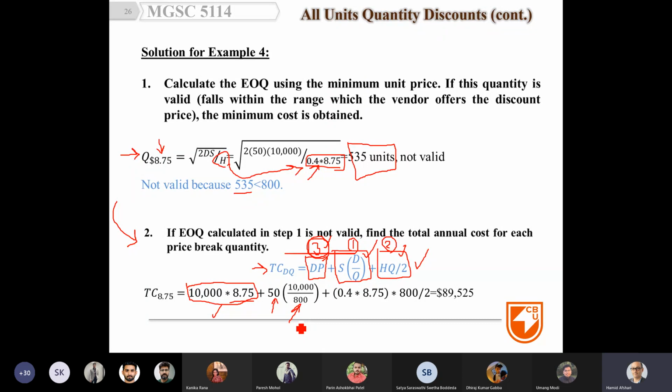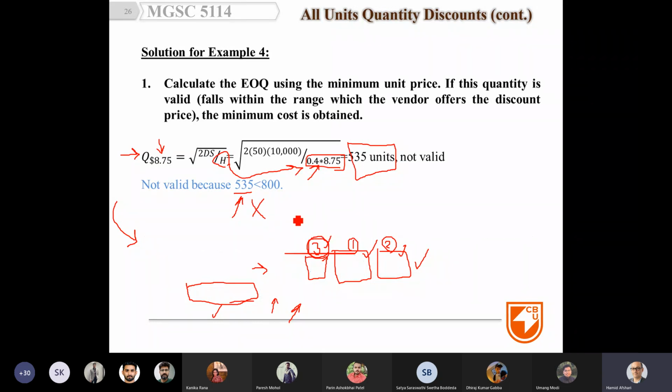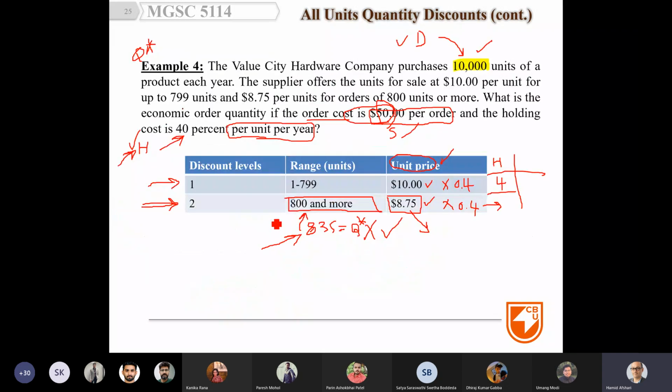There is a very important note here. If the economic order quantity that you calculated in the first step is not valid, you have to use the minimum value of that range as the economic order quantity. In this case, how much will be the economic order quantity? 800.